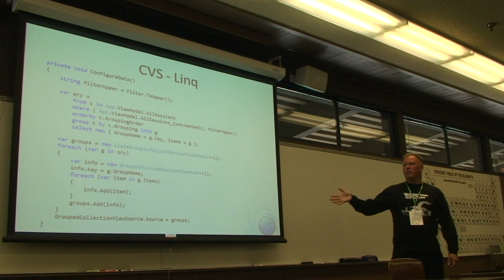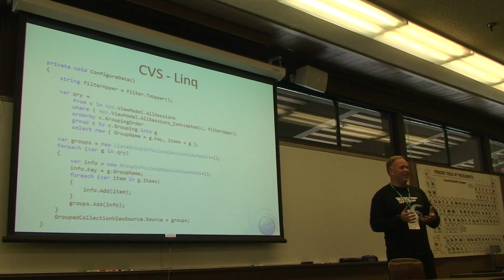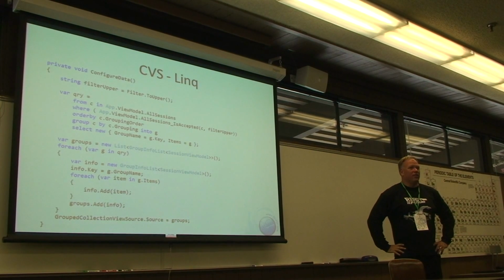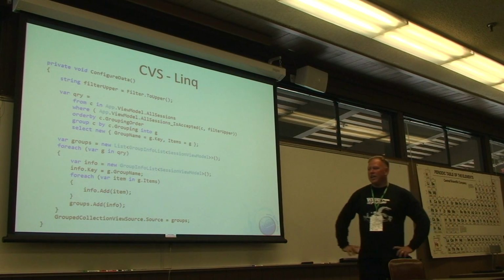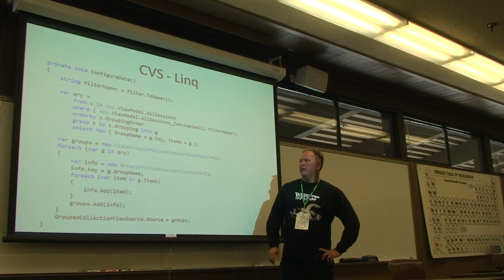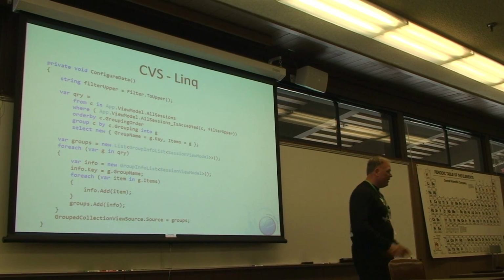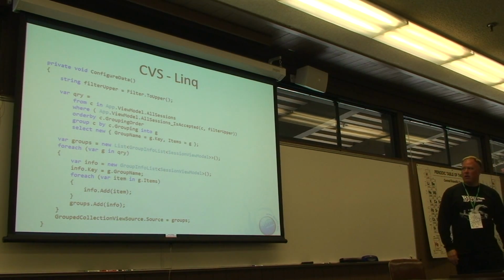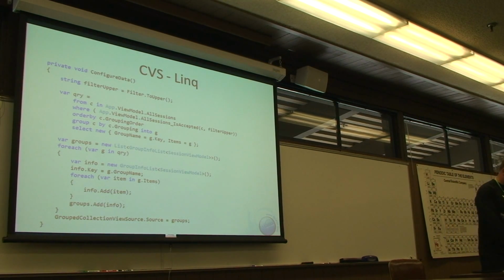This will also go away. This is no problem. The teams are working together. You will be able to just bind your LINQ straight to your framework element and not have to worry about this trick. At the very end, I've got my collection view source and I set the source to the groups, and I'm done. So things have disappeared completely from the collection view source because you're supposed to be using LINQ instead, which is fine.